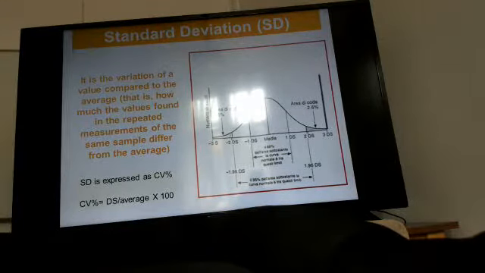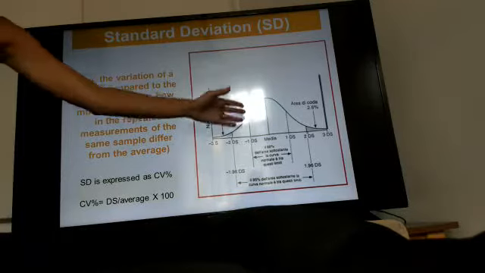I told you that when we measure an analyte several times in the same sample, or the same analyte in different individuals, we will obtain values. These values will not be exactly the same, but usually, if the sample is the same, they should be as similar as possible. If we take samples that are all admitted to be healthy, we should have similar parameters, even if not the same.